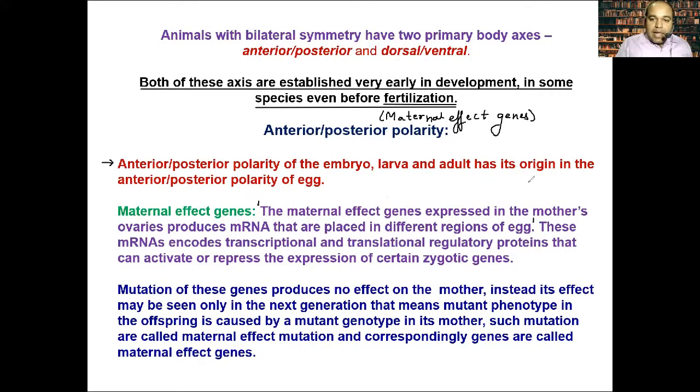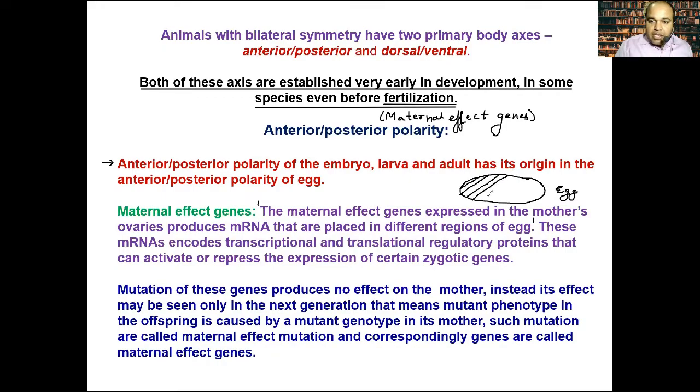So while the embryonic development is going to take place, please look at the diagram that I am making. During the course of embryonic development, this is the egg that is going to be produced. Now, before the process of fertilization has taken place, there is an accumulation of mRNA in this egg.